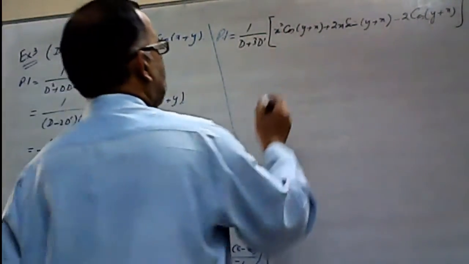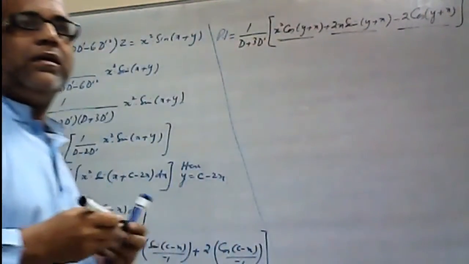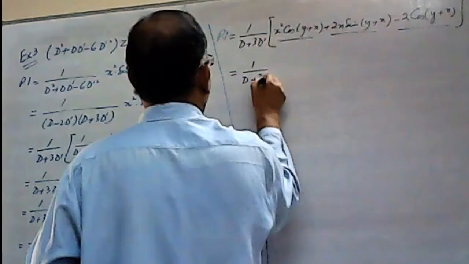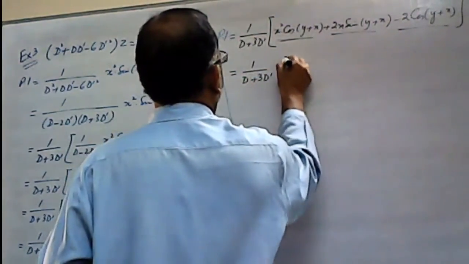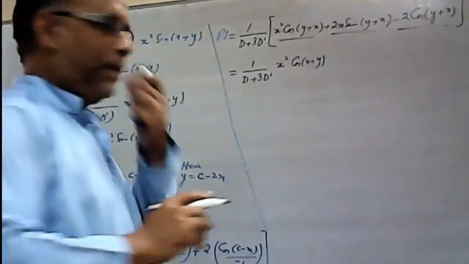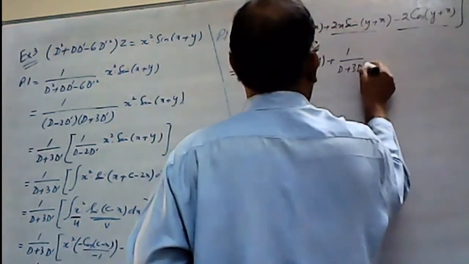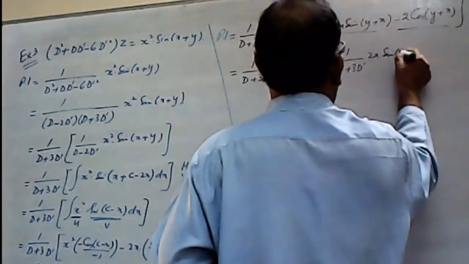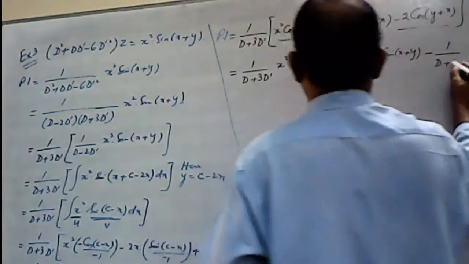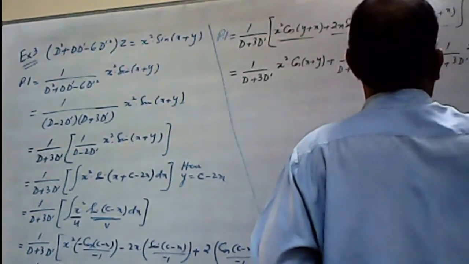So now, since these are three terms, these are actually three questions: 1 upon (D plus 3D dash) of x square cos(x plus y), then plus 1 upon (D plus 3D dash) of 2x sine(x plus y), and then minus 1 upon (D plus 3D dash) of 2 cos(x plus y).